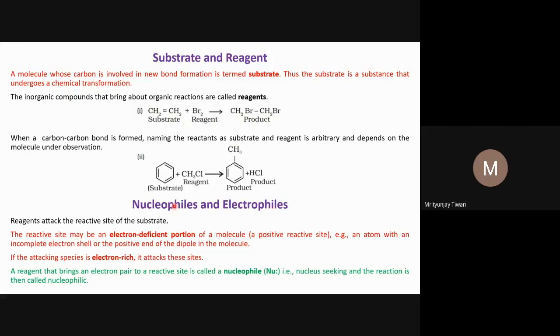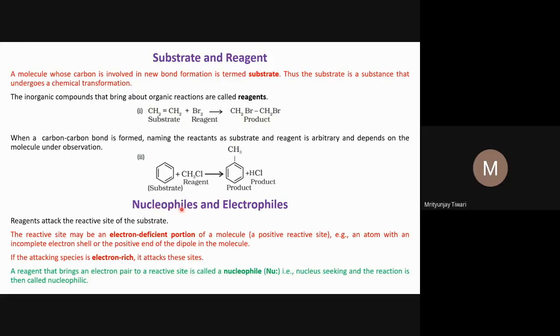Nucleophiles are usually electron-rich species, and electron-rich species means the species can have a lone pair of electrons. They may even carry a negative charge, or they may have a pi electron cloud. The word nucleophile itself means someone having affinity with the nucleus, or the positive charge center.